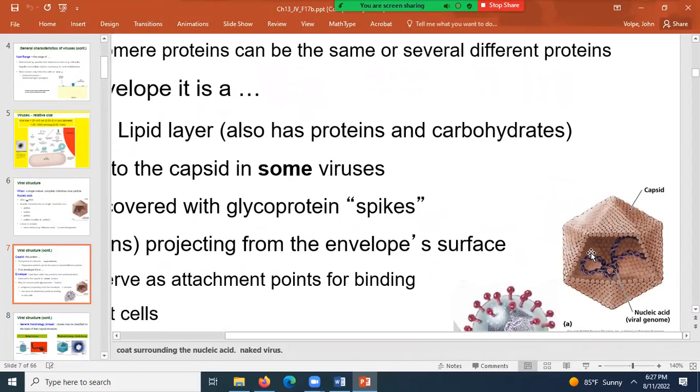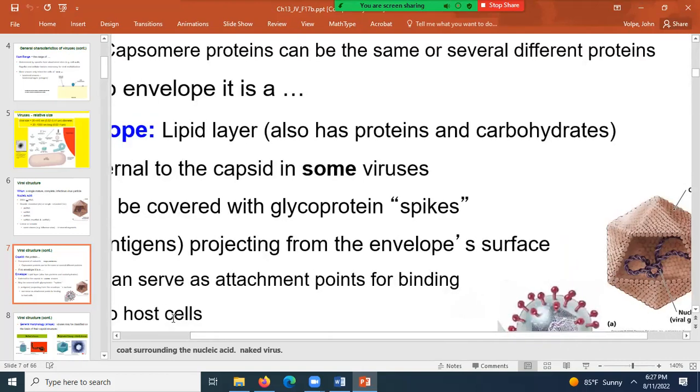But it's made up of capsomeres, and each of these little round structures in the capsid is a capsomere. In this virus, there's only one capsomere in the capsid, and it's just repeated. That doesn't have to be the case.